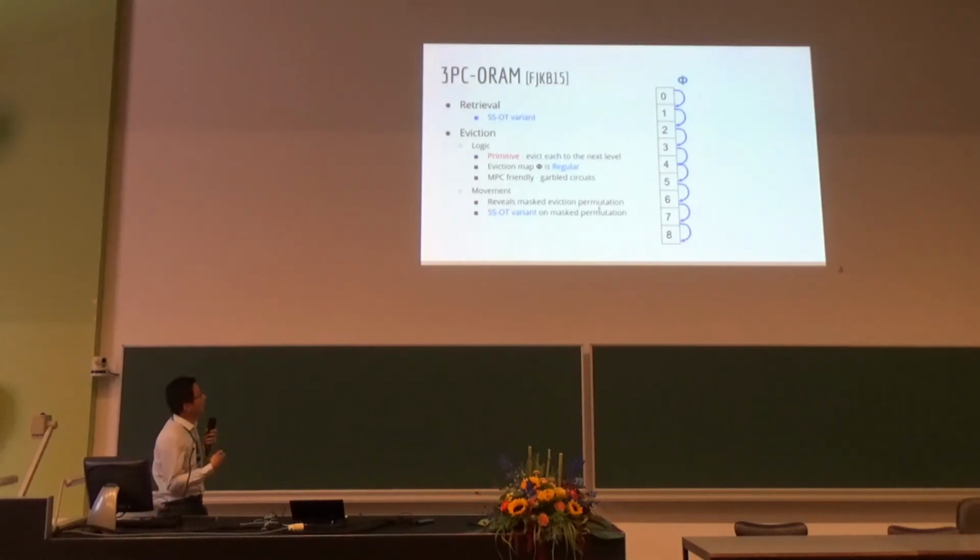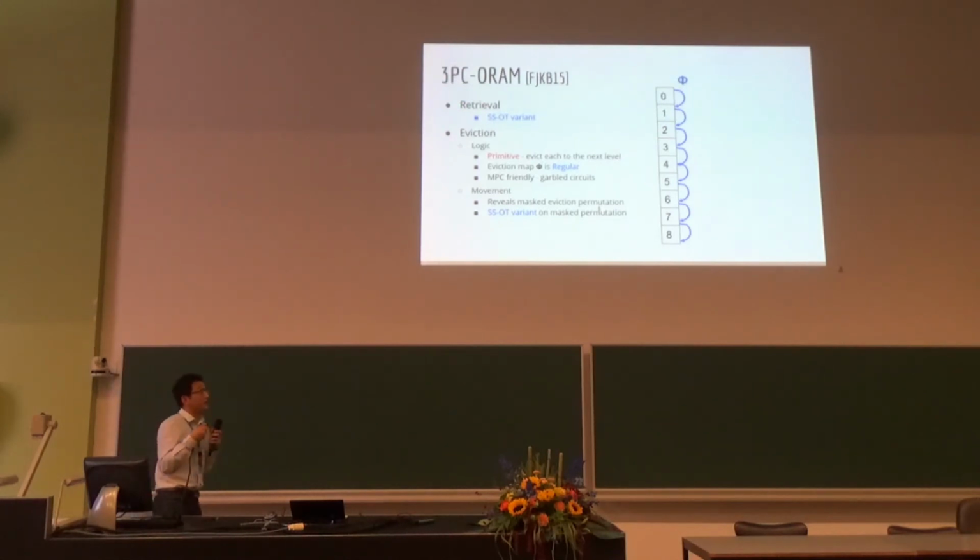And before our work, there's actually some 3PC ORAM scheme by Faber and others. And how they do the retrieval is that first, they use the 3-party secret-shared oblivious transfer protocol instead of the generic garbled circuit to reduce the cost. So there will be no garbled circuit security parameter blow up for this part of the cost.